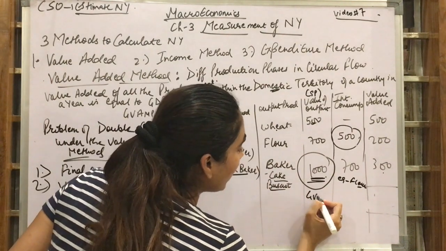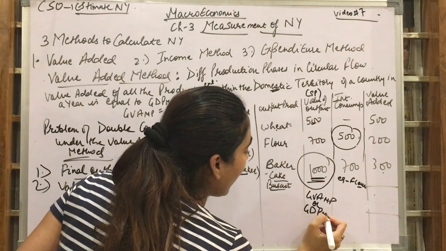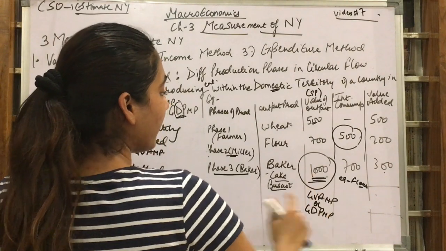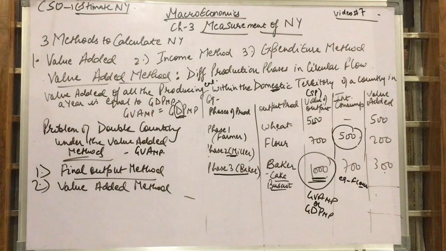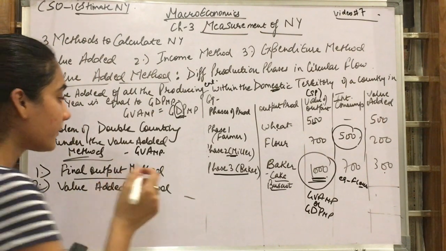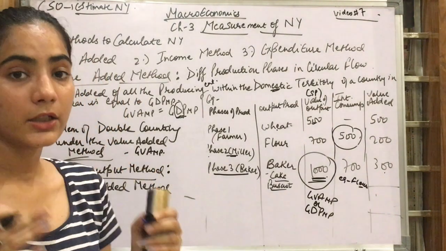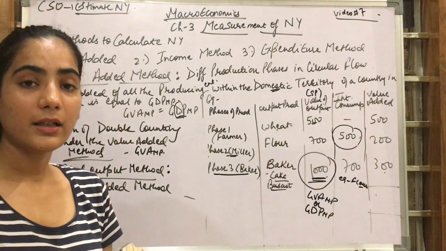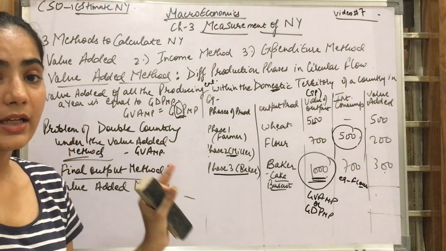So this is the gross value added at market price, or the gross domestic product at the market price. Why? Final output means the value at which the final good has been sold in the market. Let me tell you that always the value of final goods is added to estimate the value of national income. To determine national income, only the value of final goods is added, not the intermediate goods.